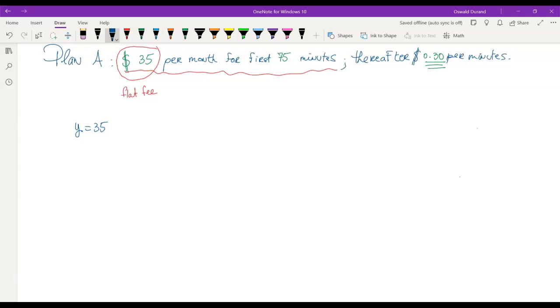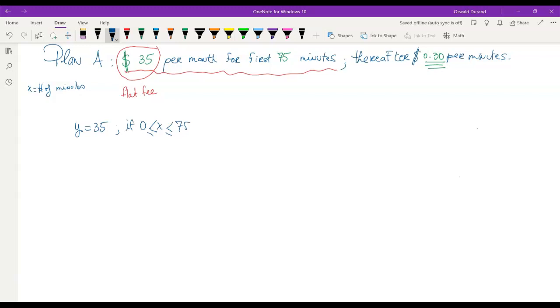So y equal to 35 if x, the number of minutes, is between 0 and 75 minutes. And we're going to put the equal sign because it could be 0 minutes or it could be 75 minutes. Okay? So that's what I start with.